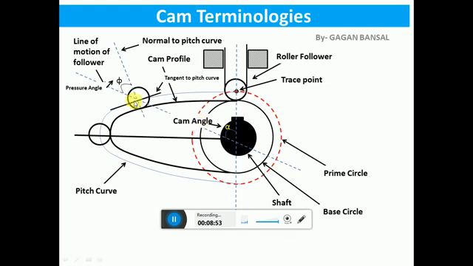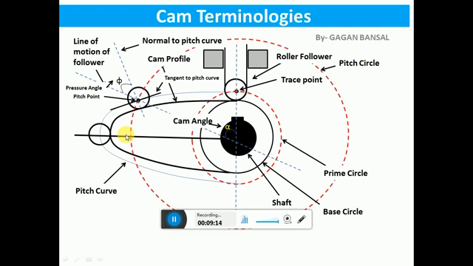And as I said, the point of maximum pressure angle is known as pitch point. Now from this pitch point and taking the center as the center of the base circle or the center of the shaft, if we draw a complete circle, it is known as a pitch circle.